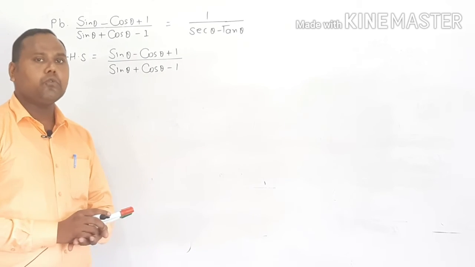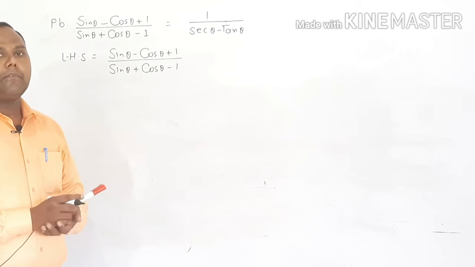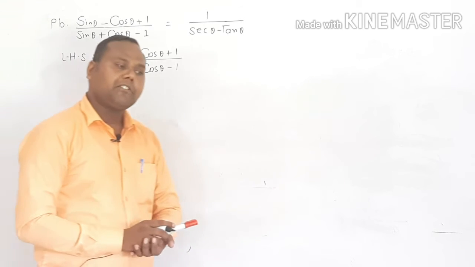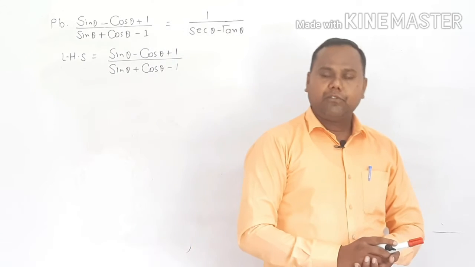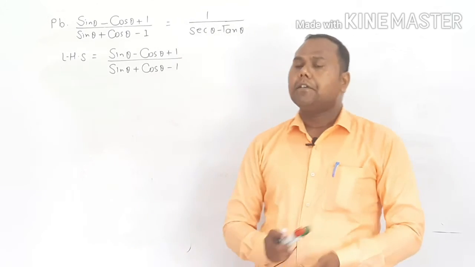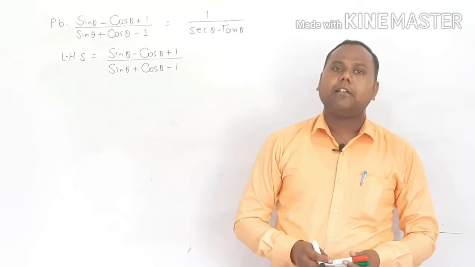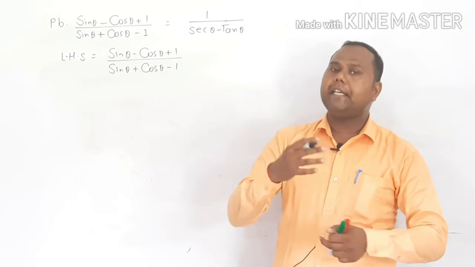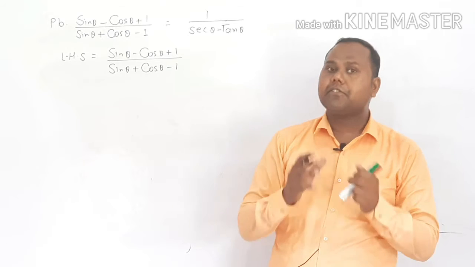That's why we use 1 as sec² θ − tan² θ. But in this section we have to divide by cos θ, because we have to get the form of tan θ and sec θ.